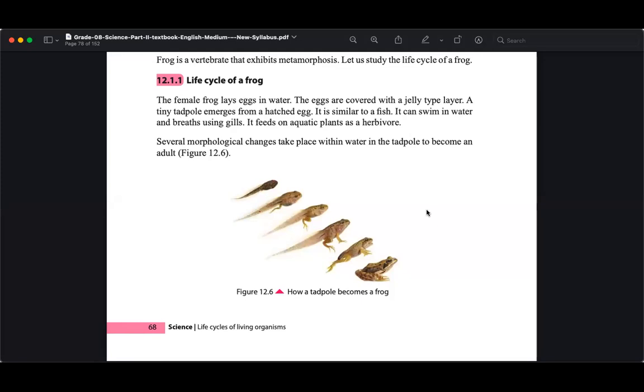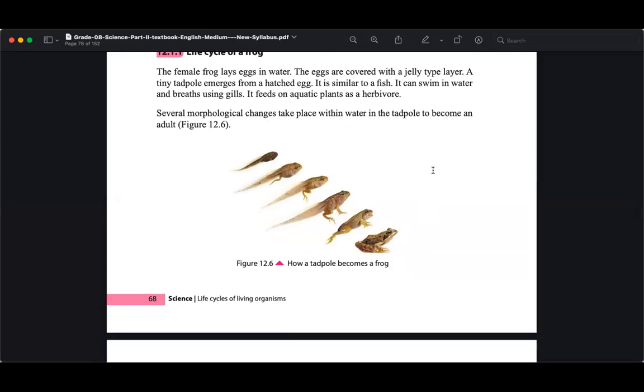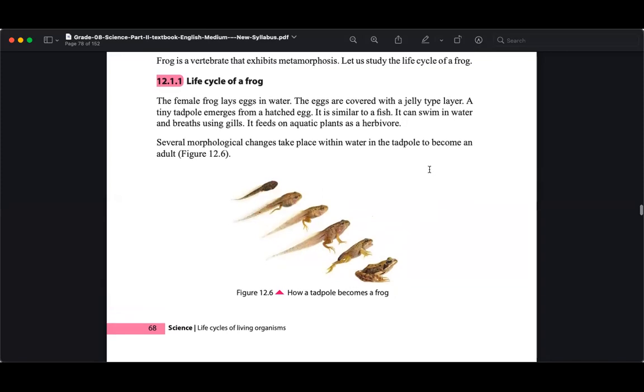The next page shows how a tadpole becomes an adult frog. There is a tail in a tadpole because it swims in the water.